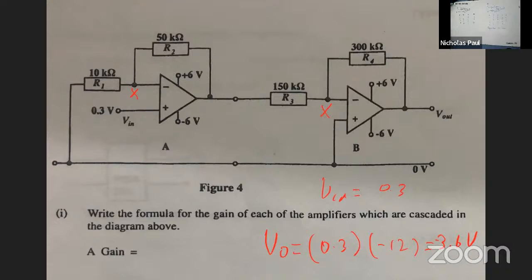One more cascade, and then we do the last. Sorry, not the last type. We do an application of the inverting op amp.